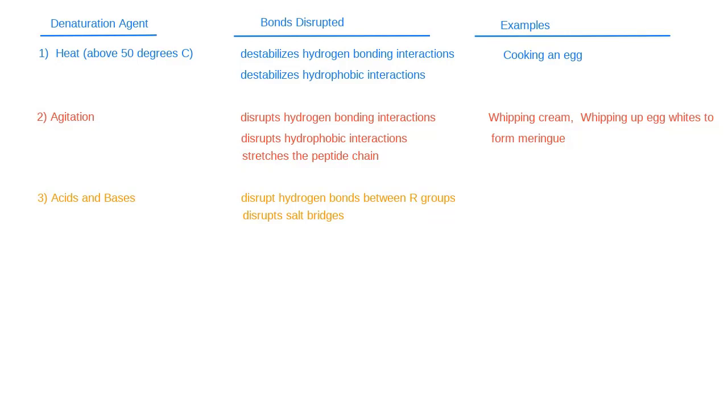Okay, and there's another one. There's a couple of others. There's 2 more. What are some other ones? Other ways to denature proteins? Well, I'll tell you. There's one. One is heavy metal ions.